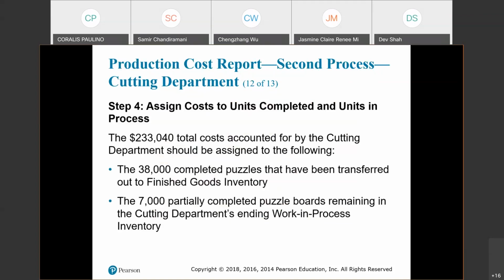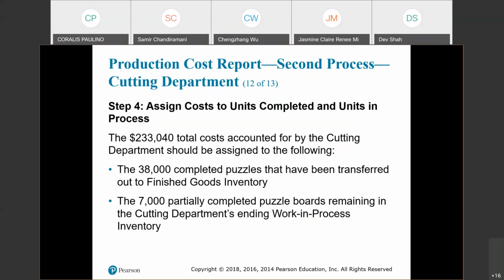So here, the last step on the production cost report is to determine how the total costs accounted for by the cutting department should be assigned to the following.